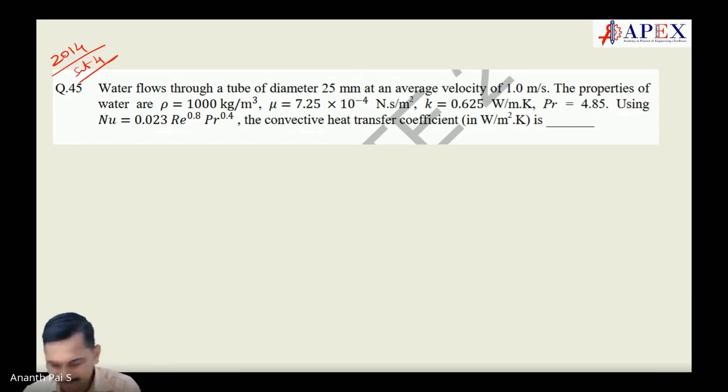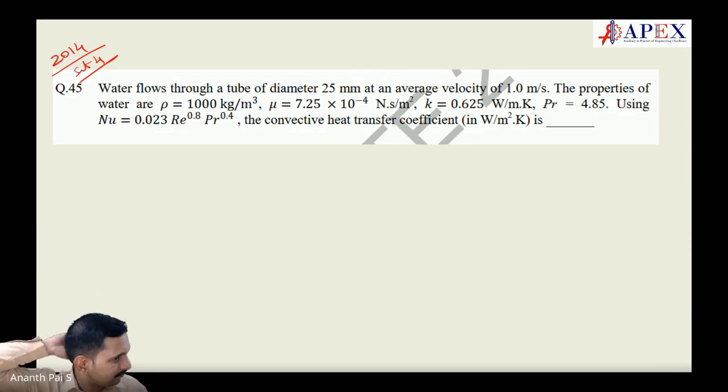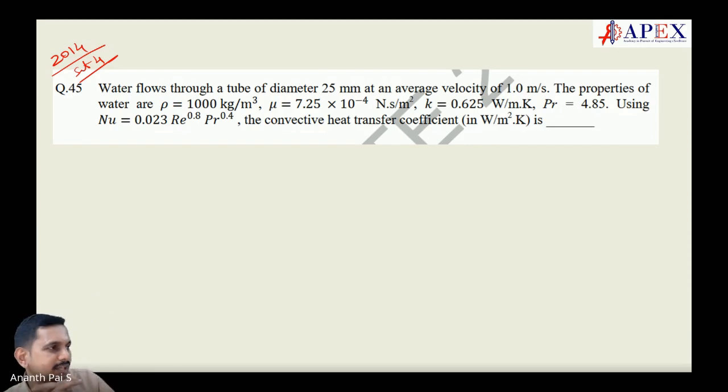Okay. The answer is 2900. Wrong, it's not 2009. He's saying the answer is 2900. It is not the answer. Oh, you're telling the year, is it 2014? I'm sorry. You're telling the year, you're telling the answer. Okay.